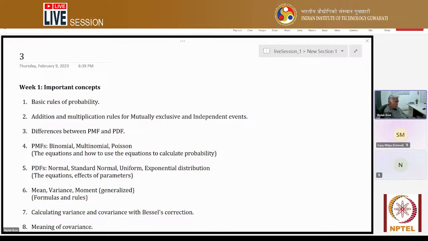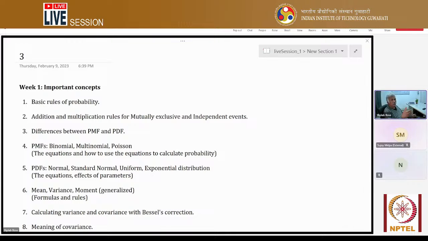If you go to week 1, remember that we are teaching you the elementary concepts of probability theory. Many a time, students think, why should I learn probability theory, particularly if somebody has not studied math for long. Remember that any statistical analysis is based on probability theory.